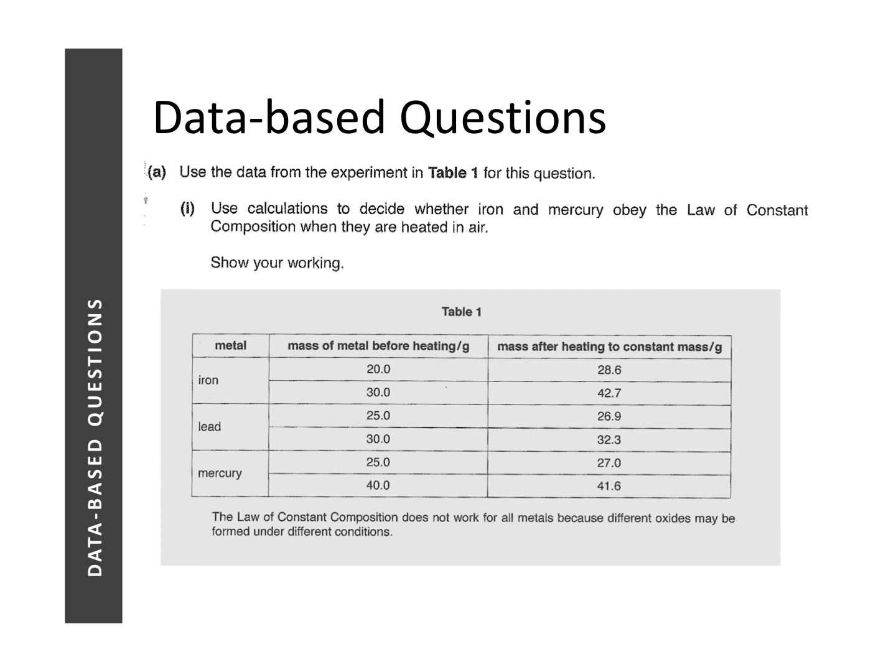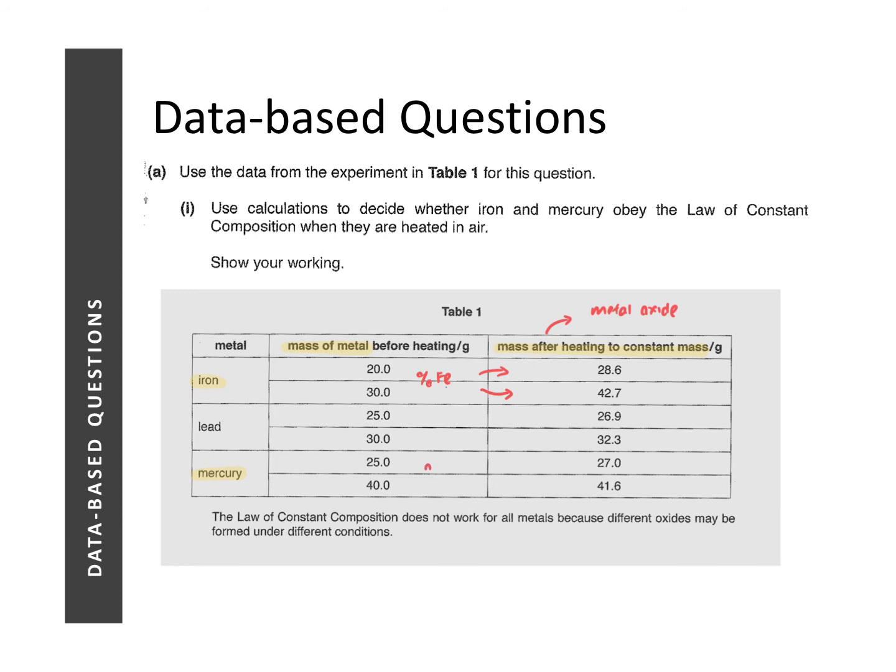What are we given in table 1? We are given the mass of the metal. Right, we are given the mass after heating to constant mass. So what does this mean? When we heat a metal in air or in oxygen, the final mass is the mass of the metal oxide. Okay, so to determine whether the law applies to iron and mercury, we need to find the percentage by mass of iron in the two different samples of iron oxide to see whether the percentage by mass of iron is the same.